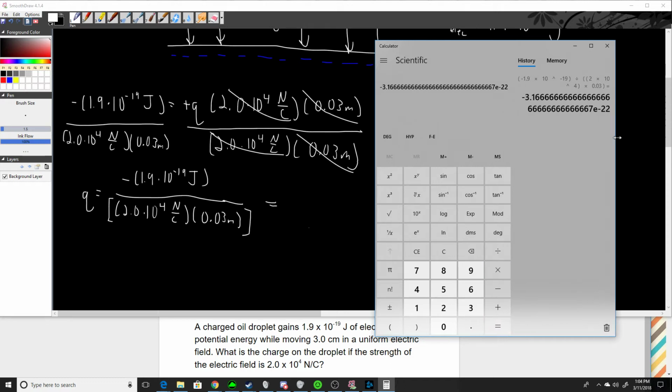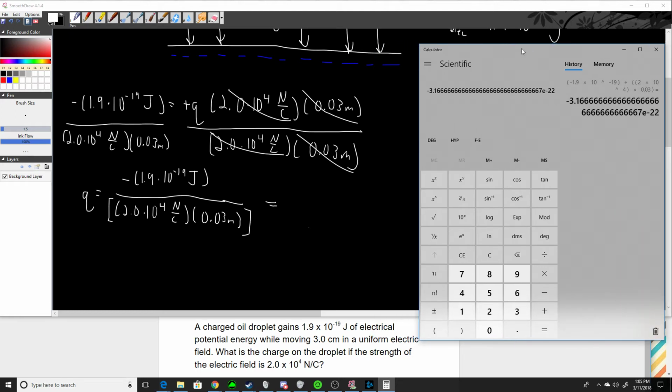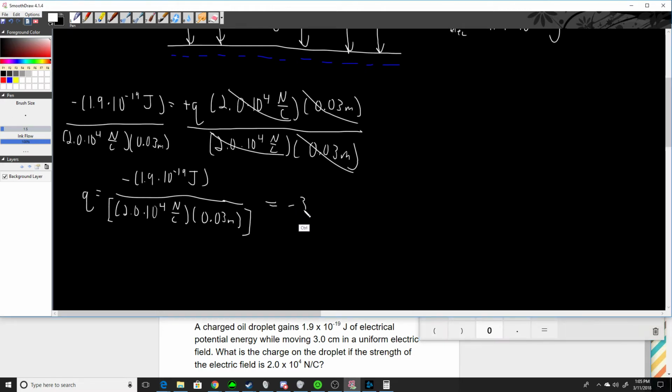Looks like my answer is going to be negative 3.17 times 10 to the negative 22nd. So negative 3.17 times 10 to the negative 22nd. And once again, that was in coulombs.